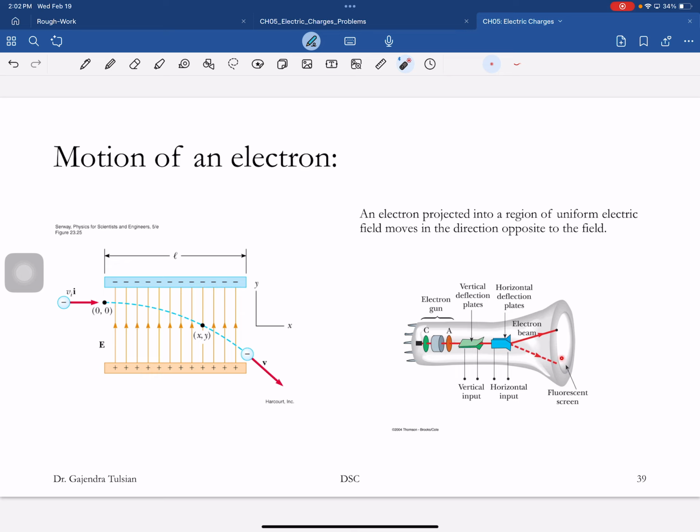And so you can make the electron beam hit anywhere on this monitor, which is coated with phosphorescent pixels, and you can draw pictures using electron beams. And in the old TVs, you had to draw a picture 30 times a second.